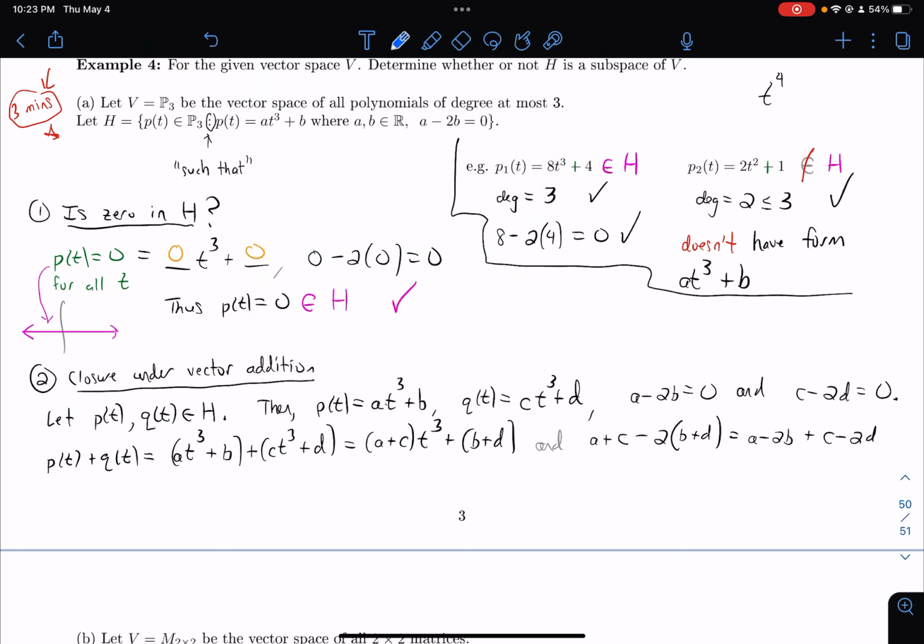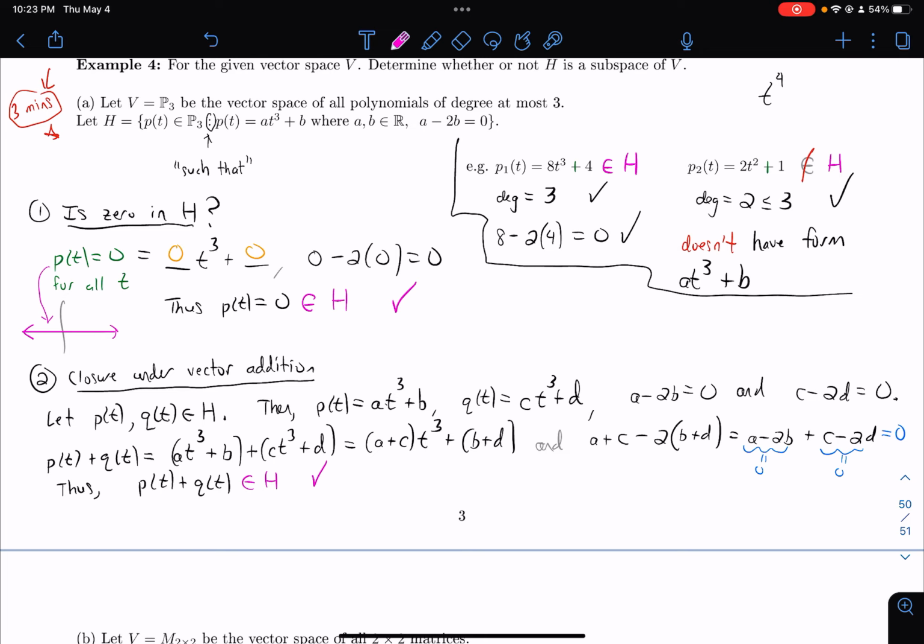And we know from here that both of those portions are 0. We know that this is 0, and this is 0. Nice, so this whole thing equals 0. So this condition for the coefficients is satisfied. All right, so thus, when I add them together, P of t plus Q of t is in H. So check mark.